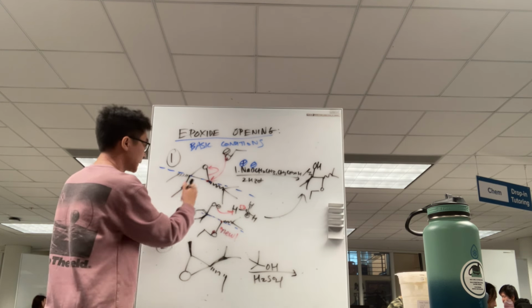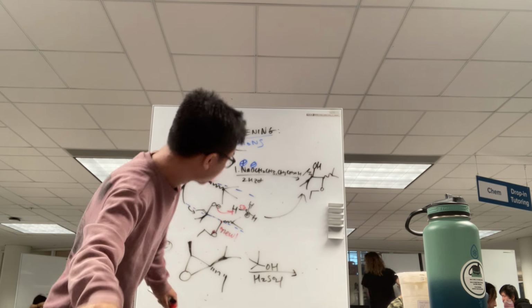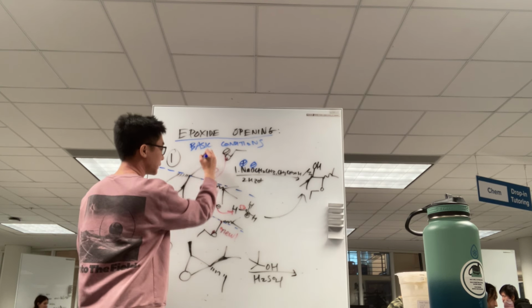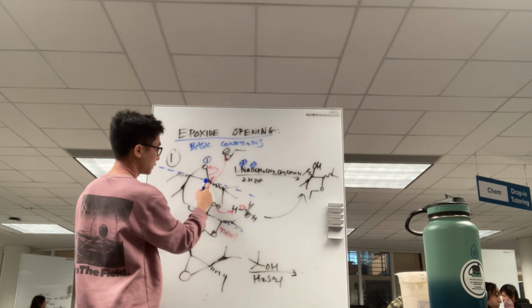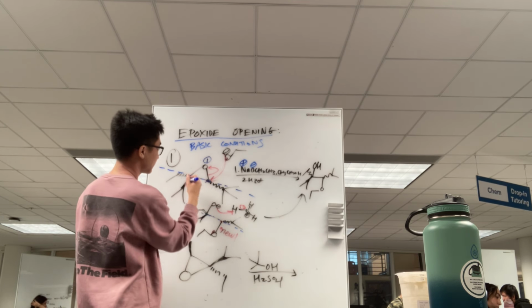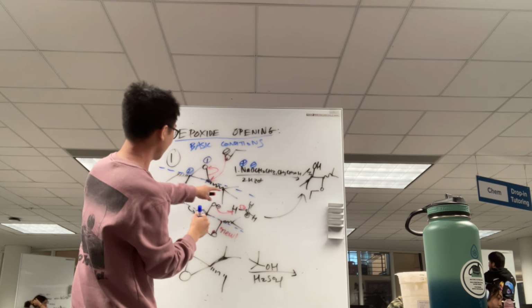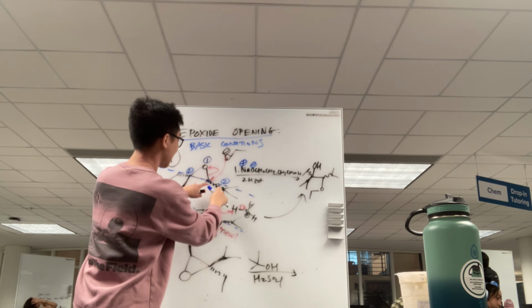let me do R and S here. So let's say this is the chiral center. This is priority number 1. And then there's two carbons over here. This is number 2. Because this is attached to 3 carbons.